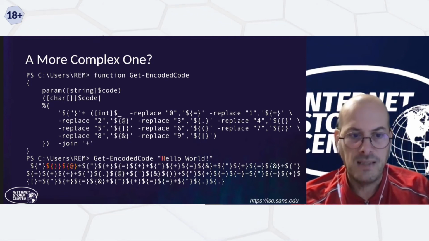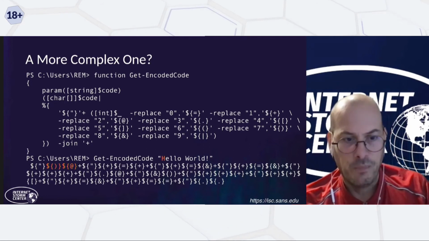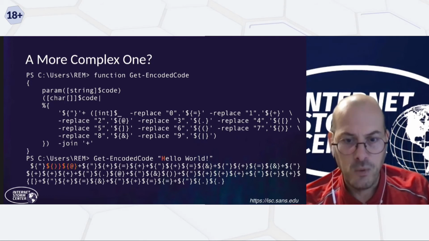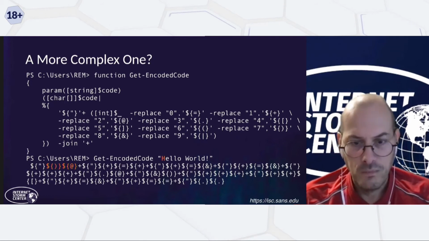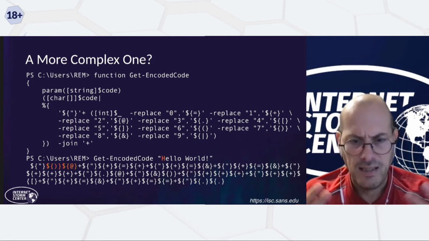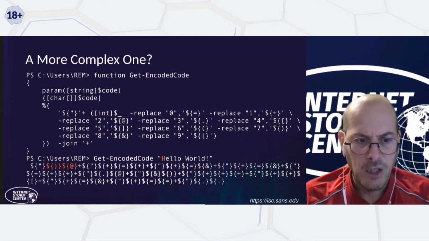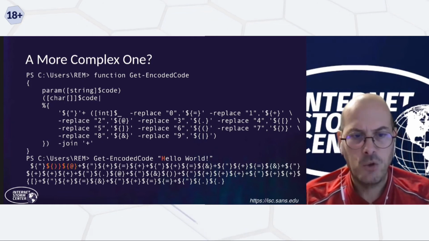What is the ASCII value of H? If you look at the top of the function, the ASCII value of H is a 2-number value, and we will replace those numbers by the corresponding strings.